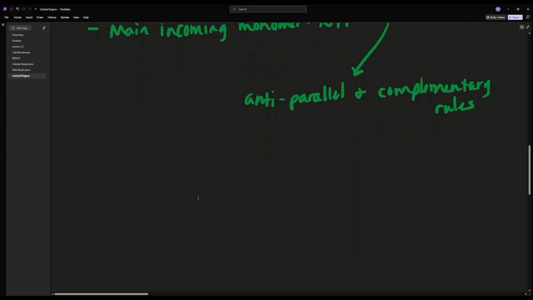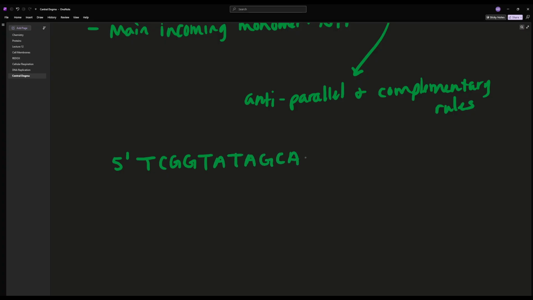All right, so if we were to have some sequence, let's write it maybe 5 prime TCGGTATGCAT, I don't know, 3 prime.